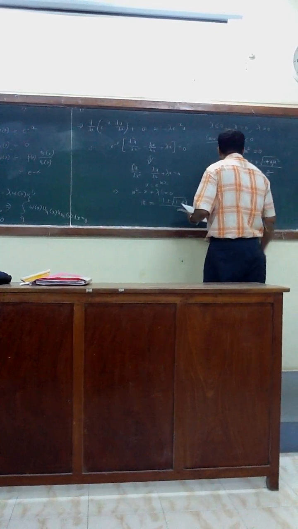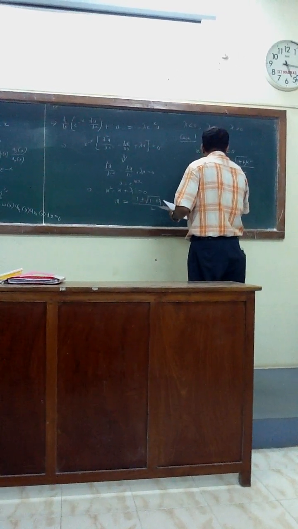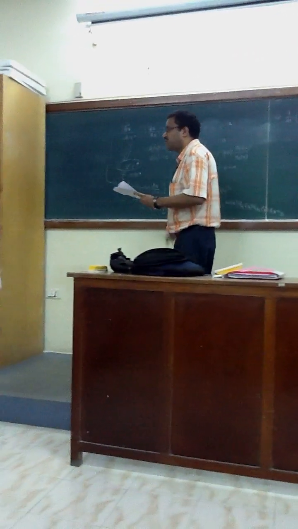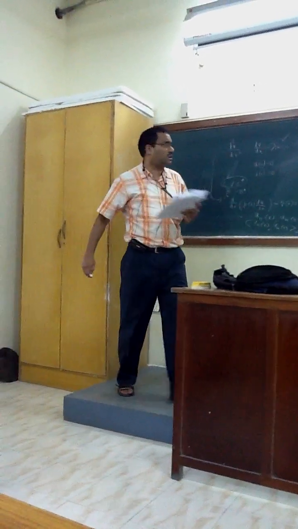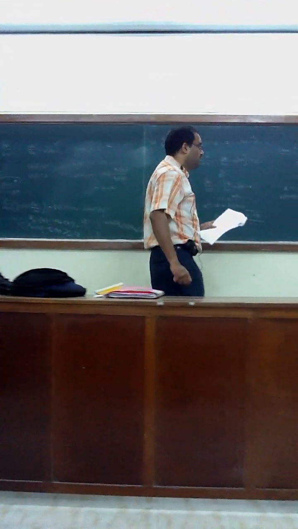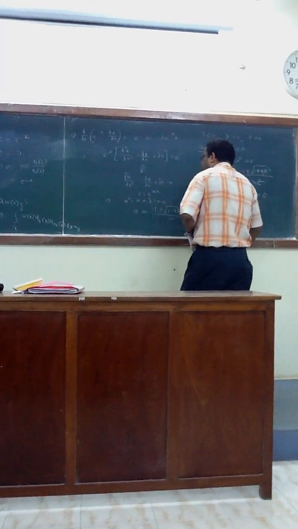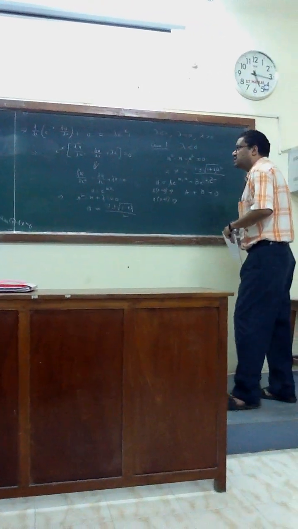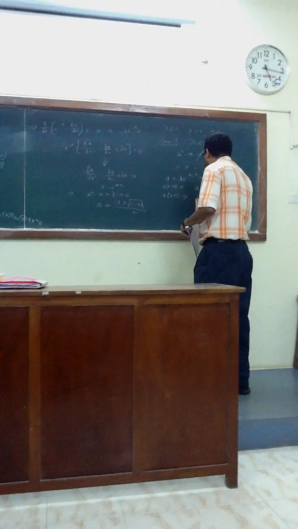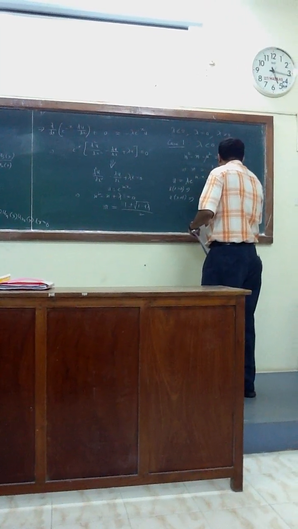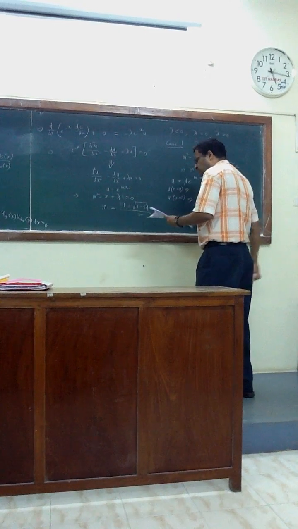U at x equals 0: a plus b equals 0. Both are homogeneous boundary conditions. U at x equals 1: a e to the power m1 plus b e to the power m2 equals 0.